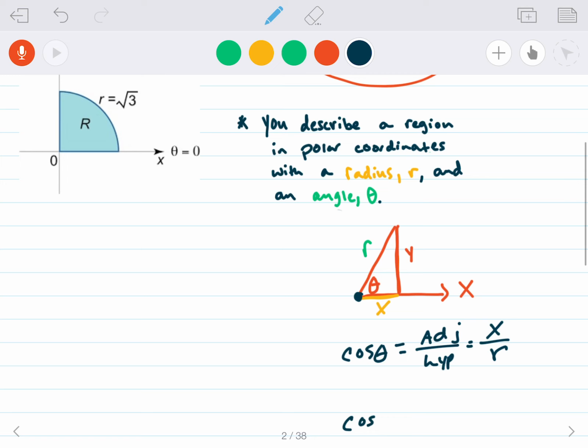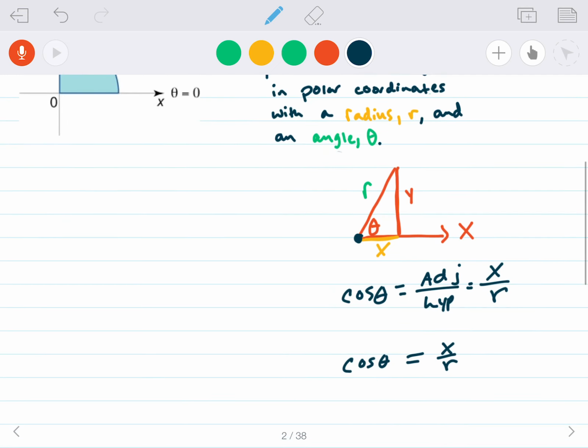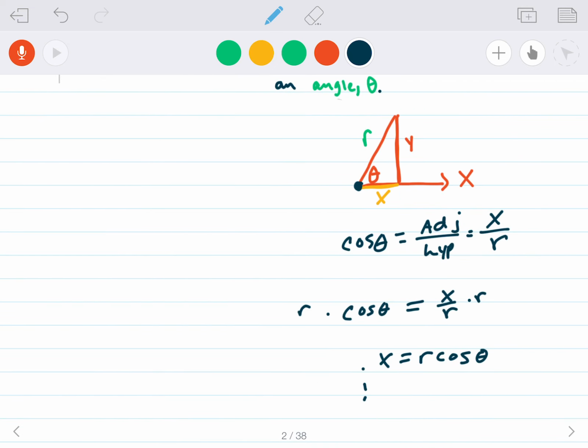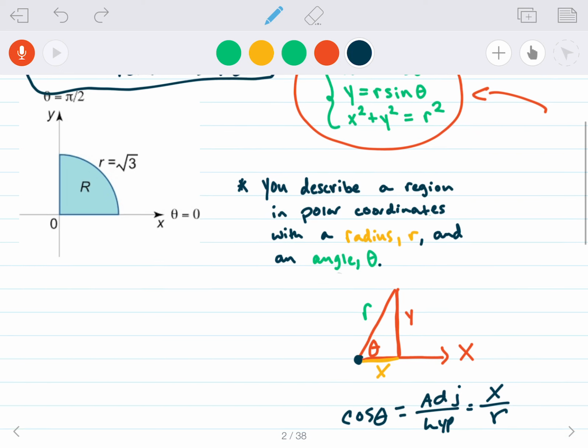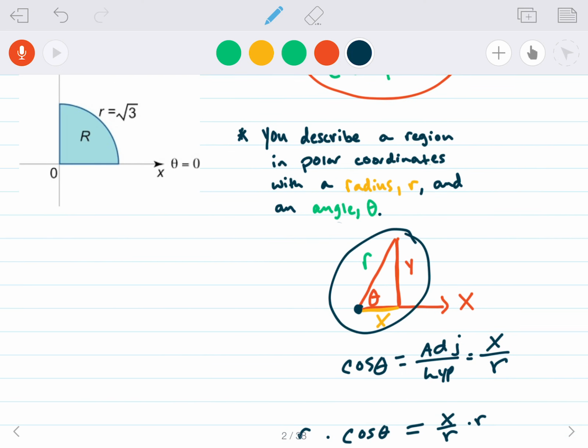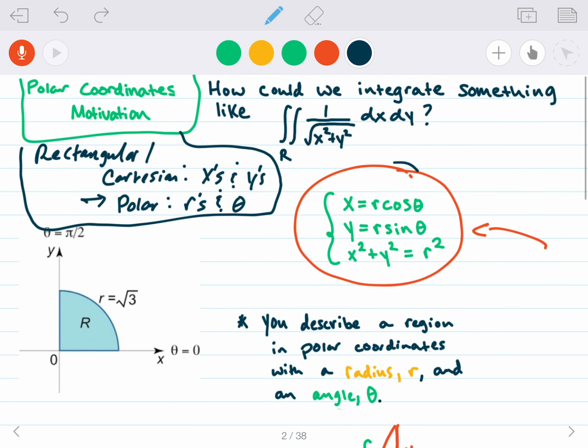And so we have cosine of theta is equal to x over r. And if I isolate x by multiplying both sides by r, I get x equals r cosine theta. And we can do the same kind of thing with y to get that y is equal to r sine theta. And then to get this identity down here, x squared plus y squared equals r squared, well, you would just use Pythagorean theorem here. Okay, so that is how we get these identities right here.